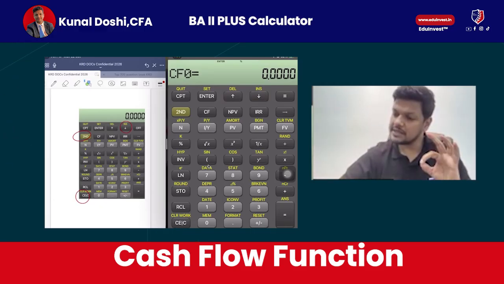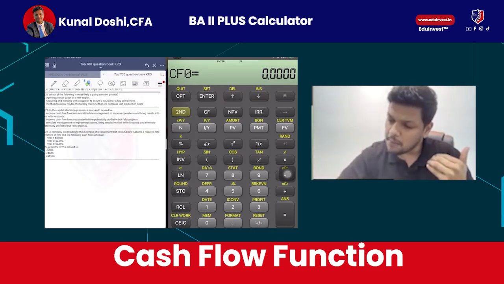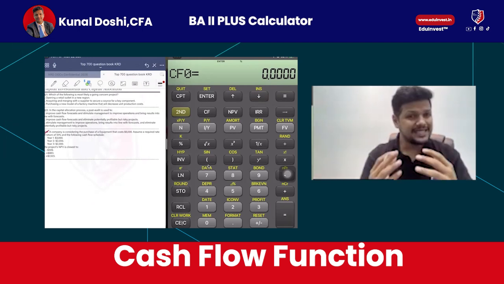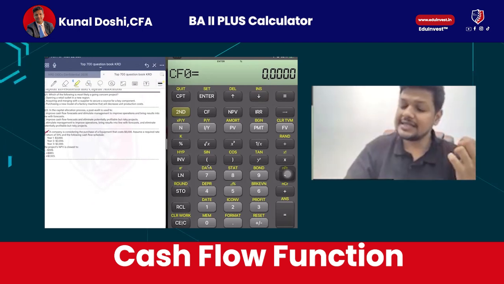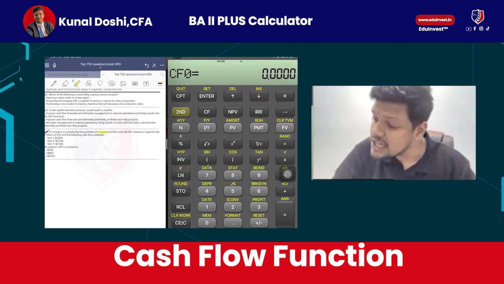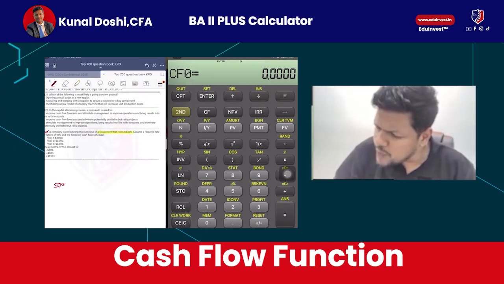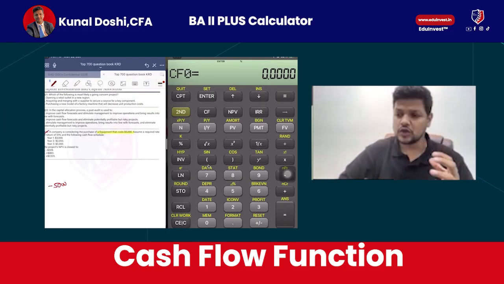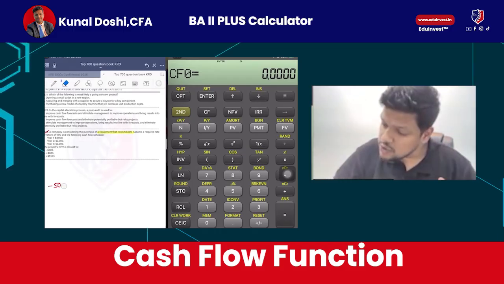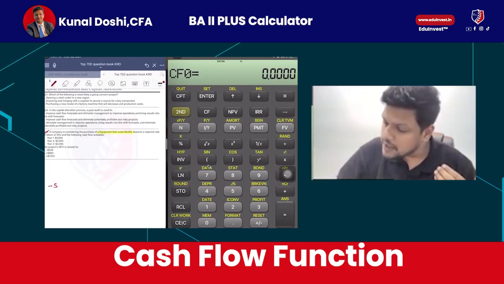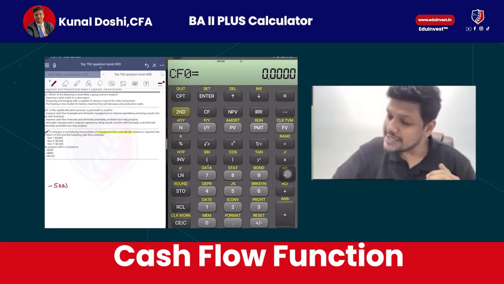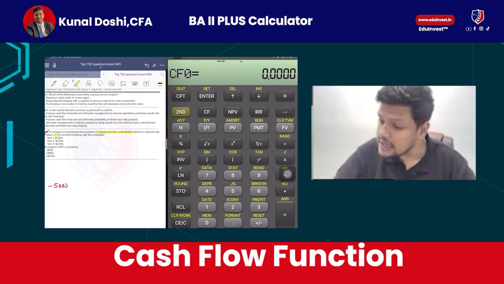Okay, and let's take up this example, which is from my corporate issuers topic, where you will see that in the project there is equipment which is purchased at 5,000. So there is a 5,000 inflow or outflow. Well, that's an outflow, right? That's a $5,000 outflow. And once you purchase the equipment, it will start operating and generating cash flow. So they said, assume the required return is 10%.